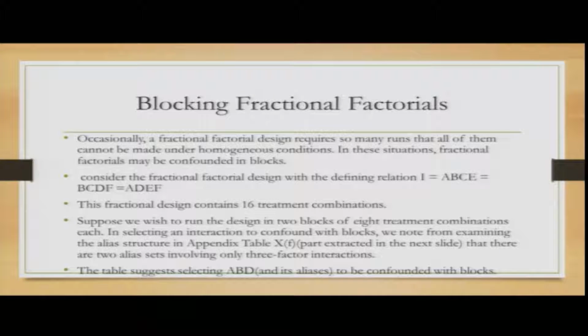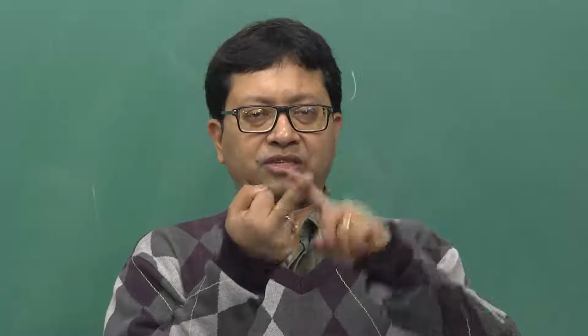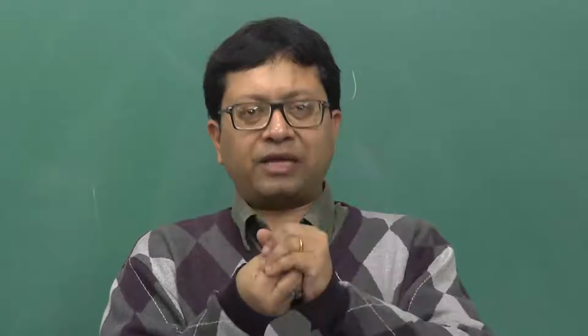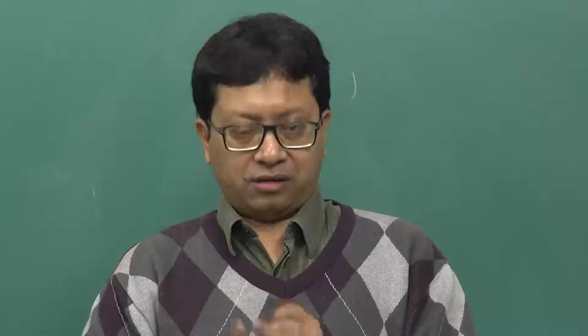So, consider the fractional factorial design with the defining relationship I, the indicator factors of the combined, where you have A, B, C, E. So, you are combining the factors individually, you have A, individually you have B, individually you have C, individually you have E. So, you combine them to find out their combined effect.